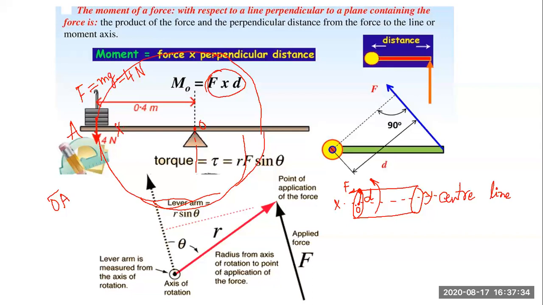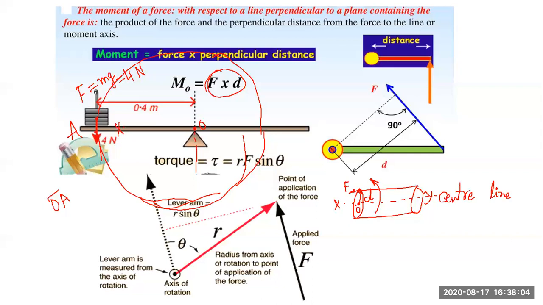Whenever there is a turning effect in any force member or any physical body, either it will produce an anti-clockwise turning, or the sense will be clockwise turning, whatever it may be.